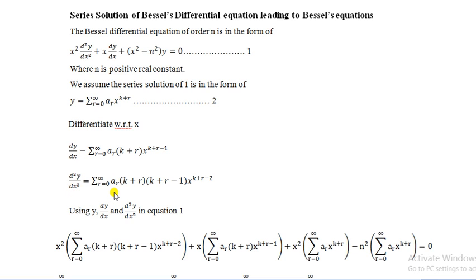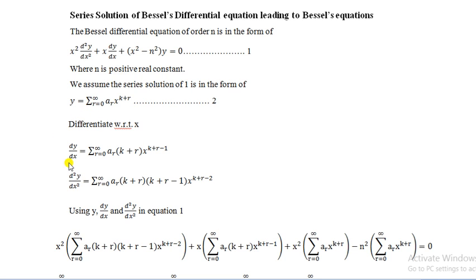Here we are treating ar and k plus r as constant, so differentiate only x power k plus r minus 1, which will become k plus r minus 1 into x power k plus r minus 2.